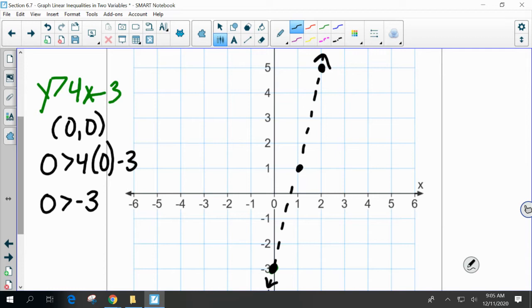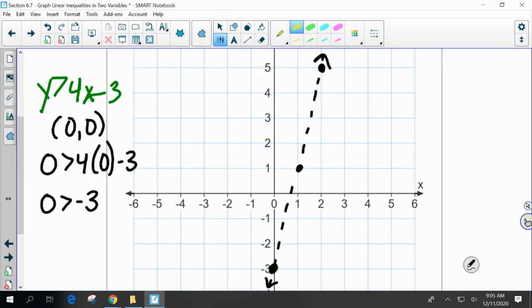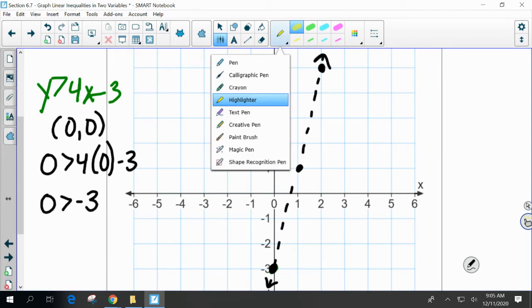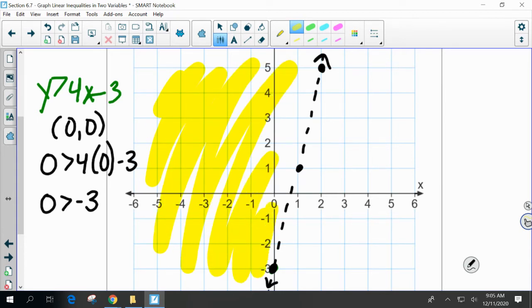So 0, 0 is true, meaning I'm going to shade that whole left side. So I'm going to shade the left side of my inequality. That means anything on that left side of the inequality would be a solution to this inequality.